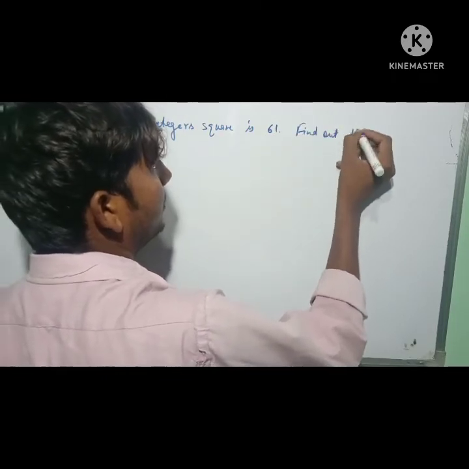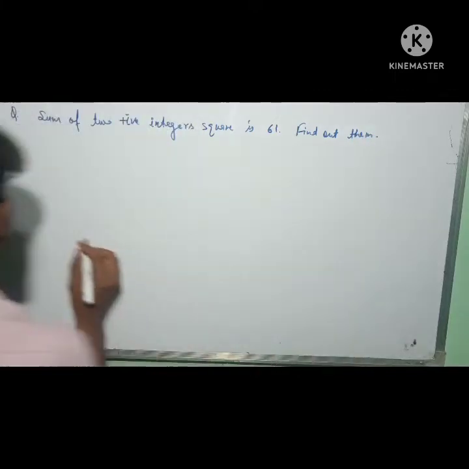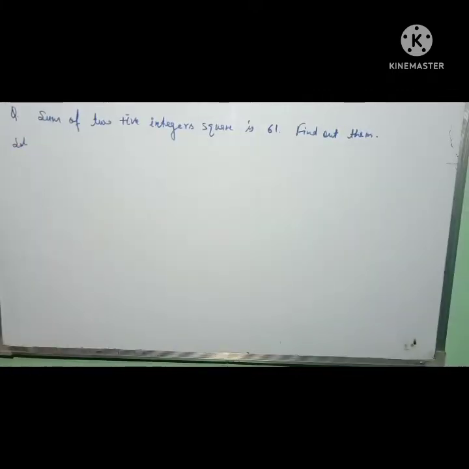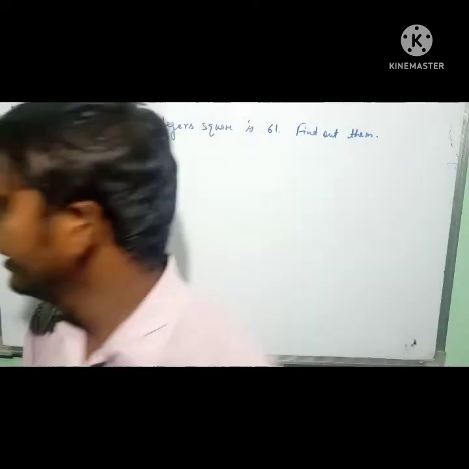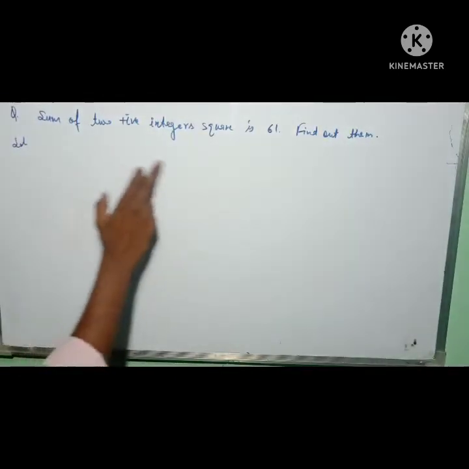Find out the solution. Students, what we are given here is the sum of squares of two positive integers.